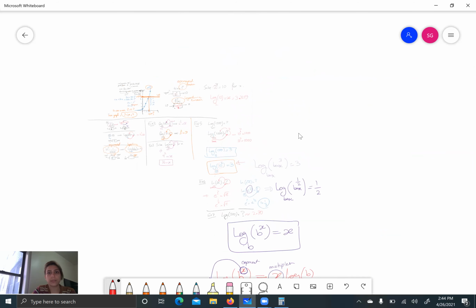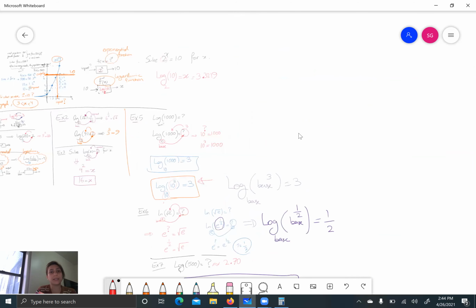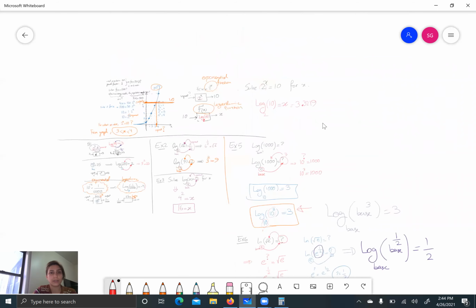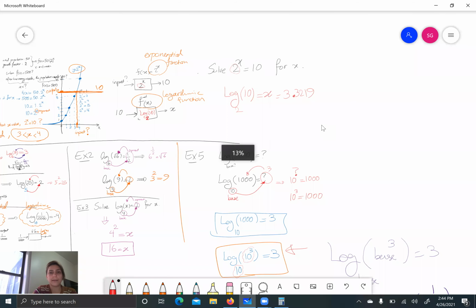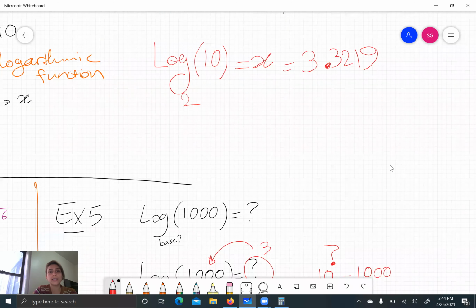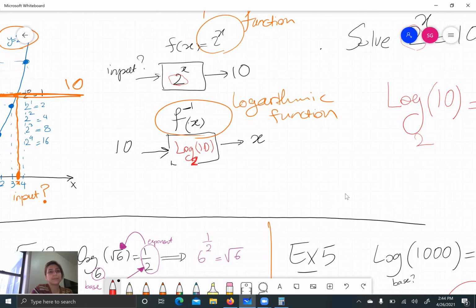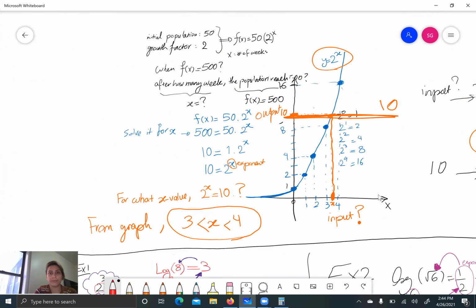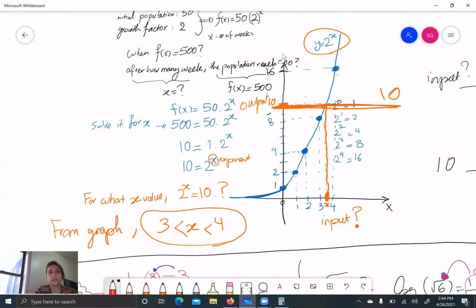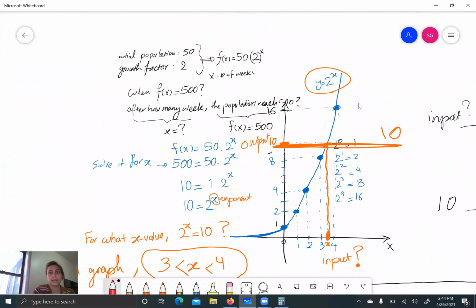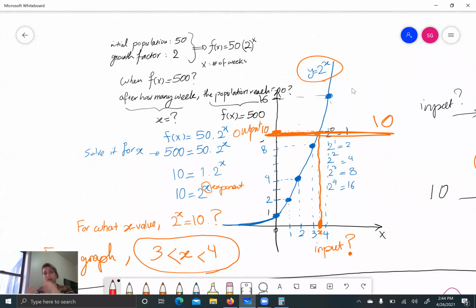What was it? The question was that we have a scenario and we have a model. That model, recall, predicts the population of flies. So this was the original question: this function f of x equals 50 times 2 to the power of x models the population of flies.